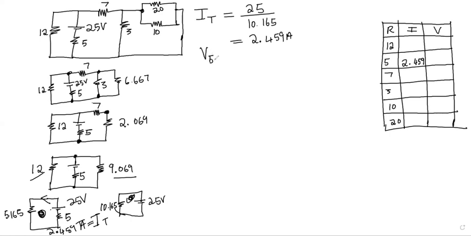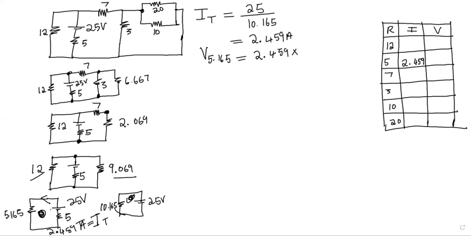V across 5.165 is equal to the current we have, 2.459, multiplied by its total resistance. Remember, we want to get the total voltage of 5.165.